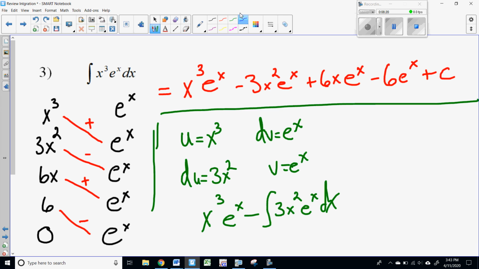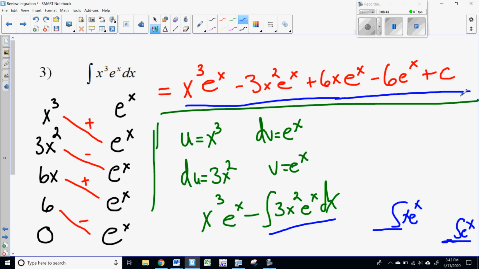And then we would have had to do integration by parts again, and three more times to get each of these, because the first time you have an x cubed, the second time an x squared, the third time just an x, the fourth time just e to the x, and then you would get our full answer. So you could still do the traditional integration by parts, but when you have something like an x cubed in front, it takes many, many times of doing integration by parts to get your answer.